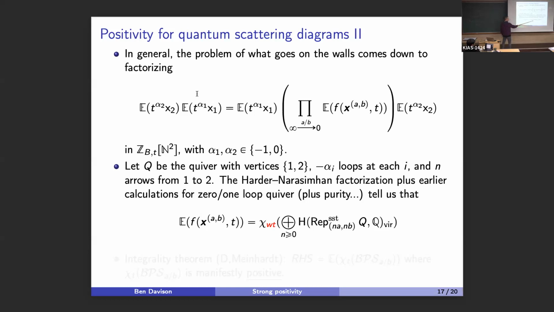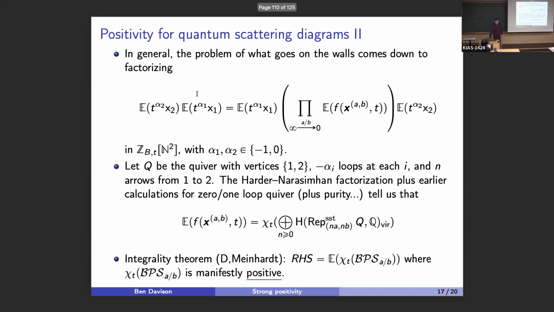And I take the sum of all of those for n greater than or equal to 0, take the characteristic function, and I guess this is in this form minus this extra kink. This is due to Reineke, that these functions, which are a priori fairly mysterious, can be written in terms of quiver representations.